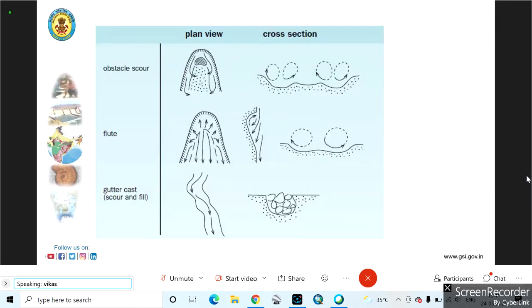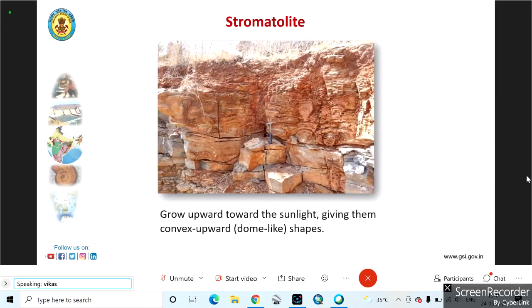Okay, next, please. Right. Similarly, there are some other structures also, like the stromatolites. They also tell us the younging upward direction. They usually grow upward towards the sunlight. They are algal mats. So these will be growing upward, and they used to form a convex upward, dome-like shape in the upper part.